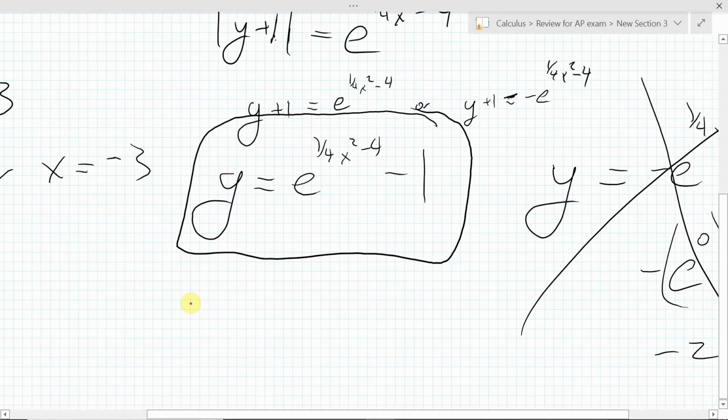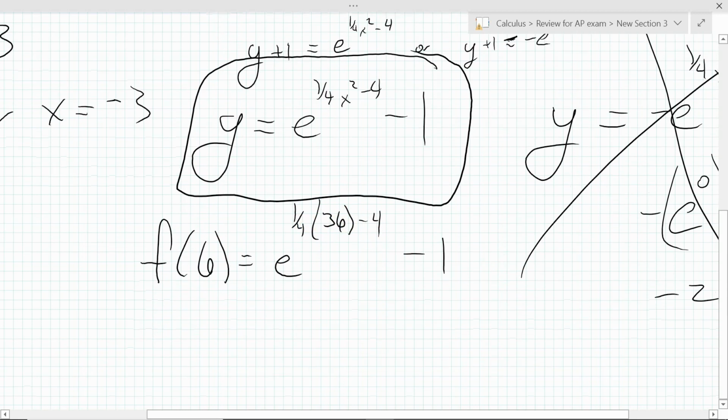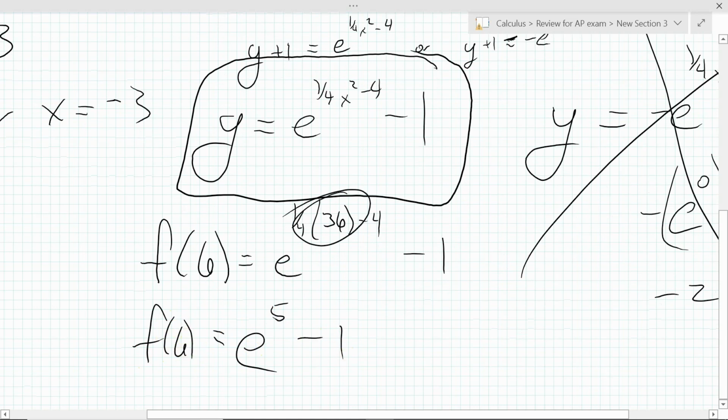Okay, so f of 6 should be e to the 1/4 times 36 minus 4, minus 1. 9 minus 4 is 5, so f of 6 is e to the 5th minus 1.